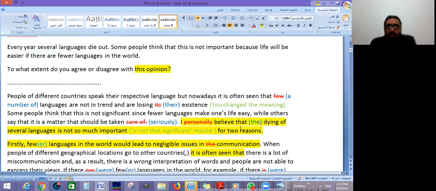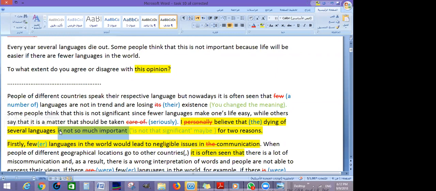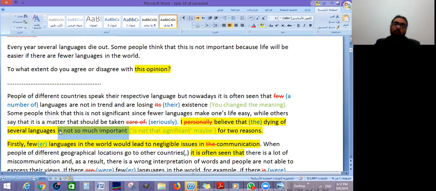And here it says, I believe that the dying of languages is not so much important. So I think the position that he should take should be totally different from both of them. Because he just thinks that language dying is not a problem whatsoever, it's just 100% positive. So you don't have to agree with either of them, we could just go for a totally different opinion.